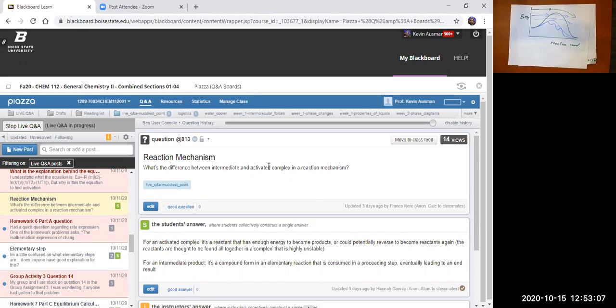An intermediate is actually a separate species that is stable for a short period before it then runs into something else to cause a reaction to happen. So an intermediate is going to be at a local minimum of energy, so it's going to kind of sit there. Whereas an activated complex is this thing that you just briefly hit on your way through to cause a product.